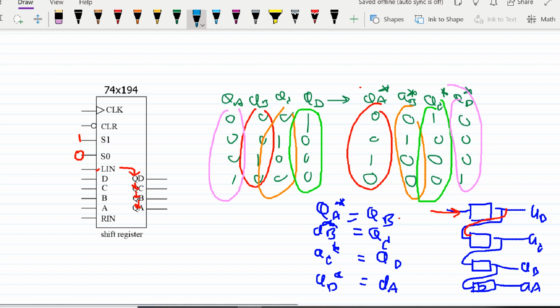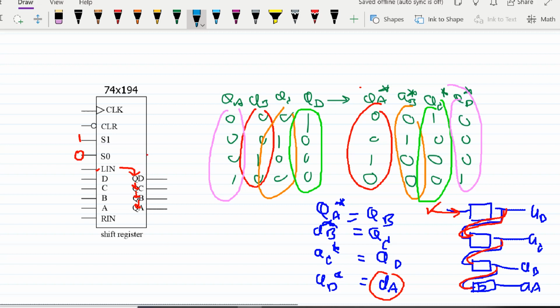Now you connect what? QD to QC, QC to QB, QB to QA, right? And the input of QD must be QA.